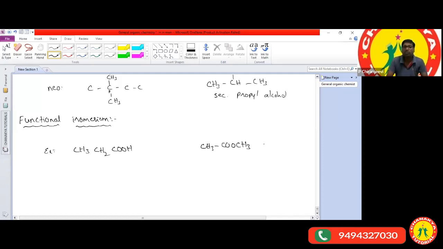These two structures I wrote. In these, which one is the carboxylic acid functional group and which one is the ester functional group? Now you tell me. We already studied the functional groups and saw the IUPAC nomenclature of the functional groups.